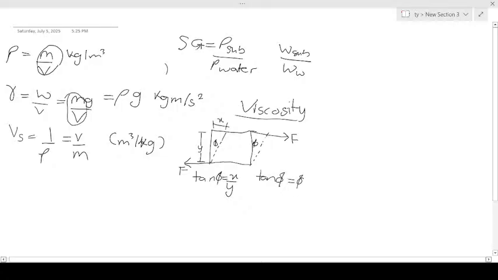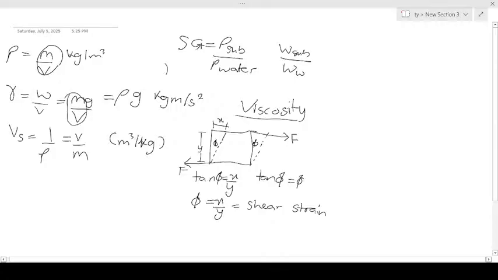So now this phi is equal to x on y, which is the same as your shear strain. If you want to find the rate of shear strain, rate simply means per time.